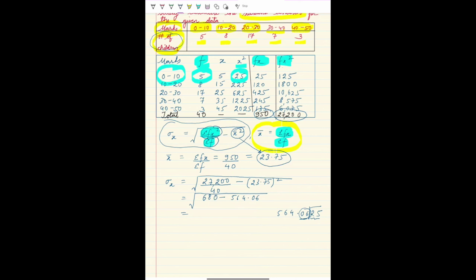Now let us take the subtraction and we get 115.94, and at the last step we need to evaluate the square root of this, which comes as 10.7675. To round it off, again look at the last digit. It is greater than 5, so we round it off to the next decimal. So sigma x for the given set of observations is 10.77.